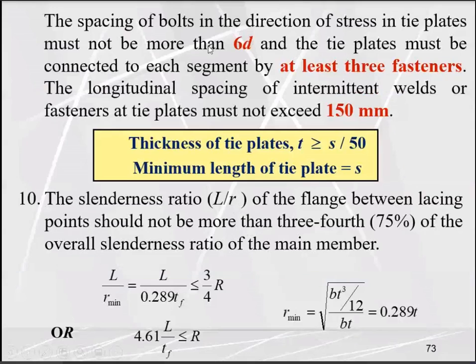So the spacing of the bolts in the direction of the stress in the tie plate must not be more than 6D, and the tie plate must be connected to each segment by at least 3 fasteners in the longitudinal direction, and the longitudinal spacing of intermittent welds or fasteners in the tie plate must not exceed 150.